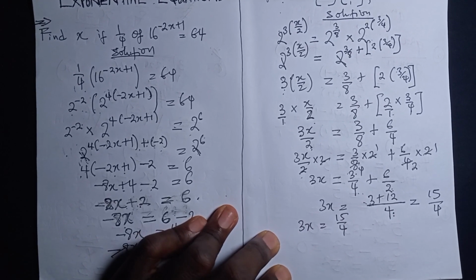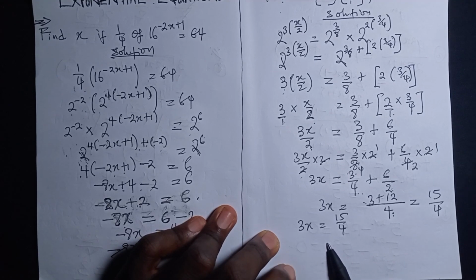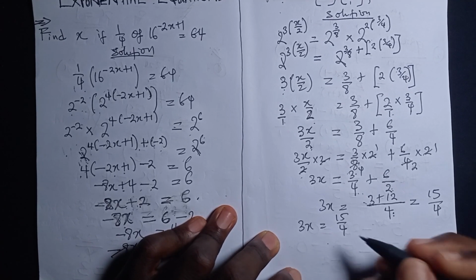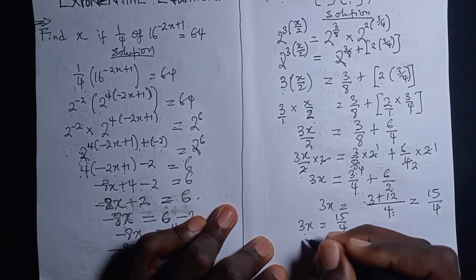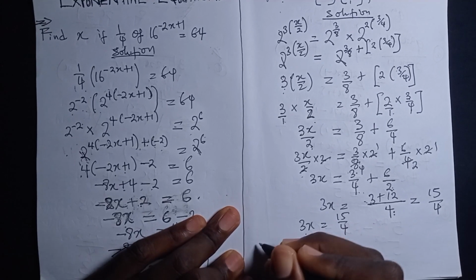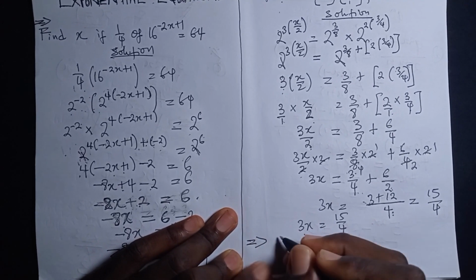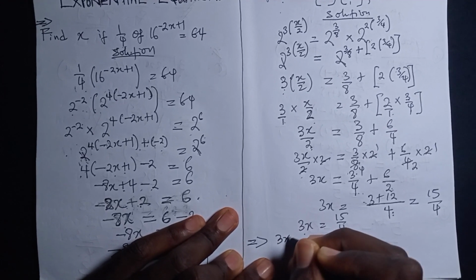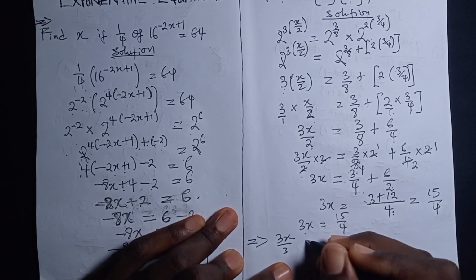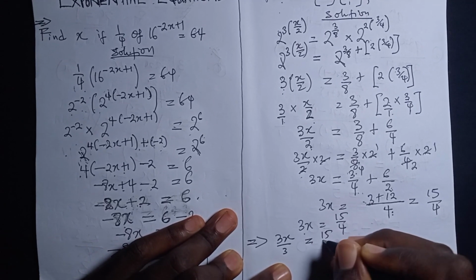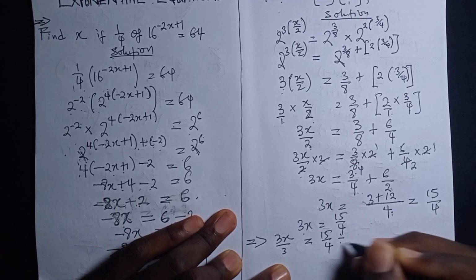Now, how to solve this? We divide through by 3. If we divide through by 3, we have 3x over 3 equal to 15 over 4 divided by 3.